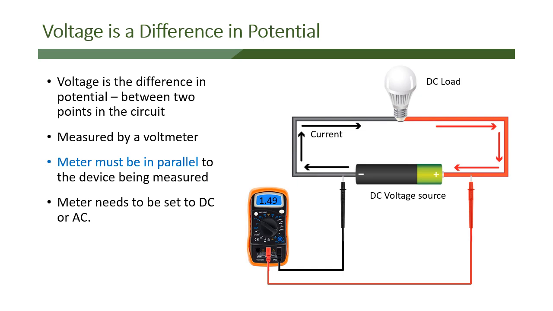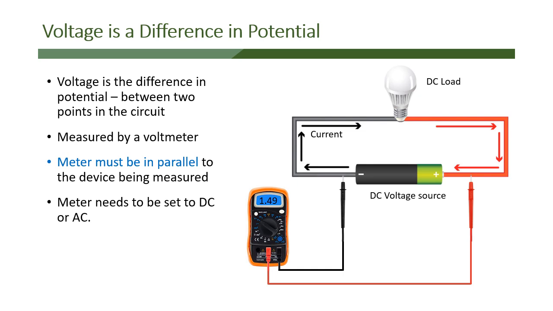Now this is a voltmeter in the lower left corner, but actually we don't really have voltmeters, we have multimeters. Every meter on the market today measures many different things: voltage, current, resistance, and even some measure transistors, capacitors, and inductors. But the basic function of a multimeter is always going to be to measure voltage, resistance, and current.